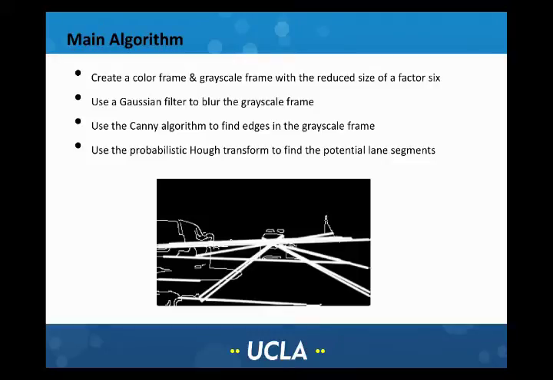Also, we use the probabilistic Hough transform to find the potential lane segments. Here is a figure from the result of the Hough transform. From the figure, we can see that the right lines are extracted from the Hough transform and we can use them to extract the desired lanes.